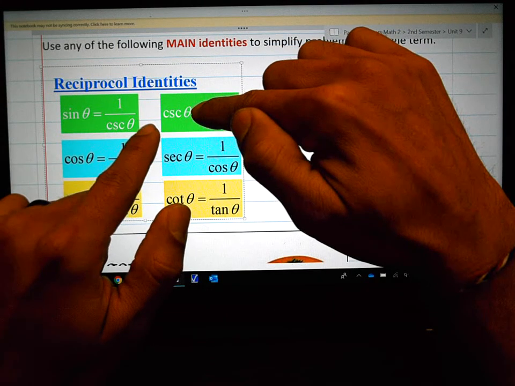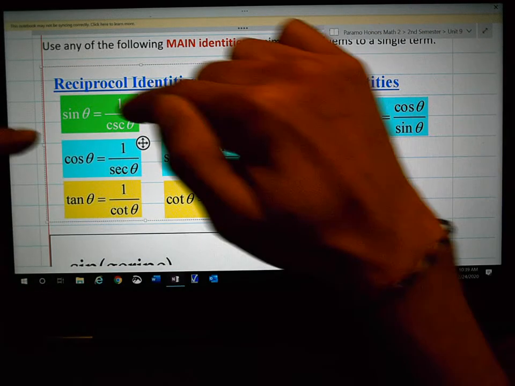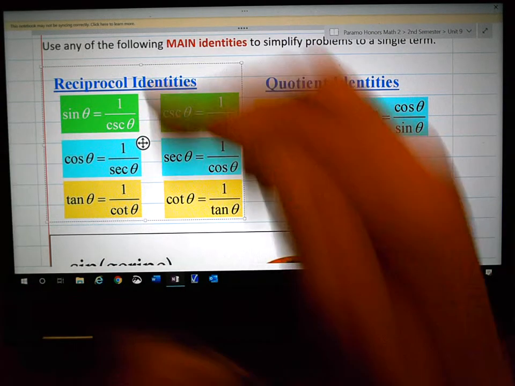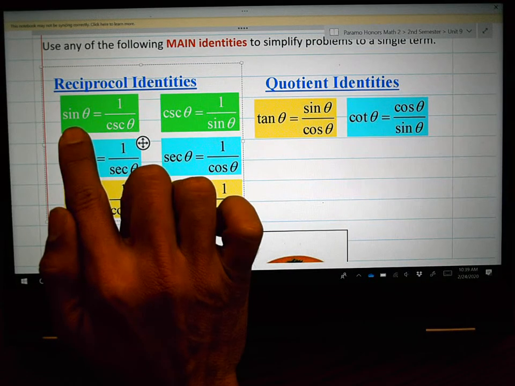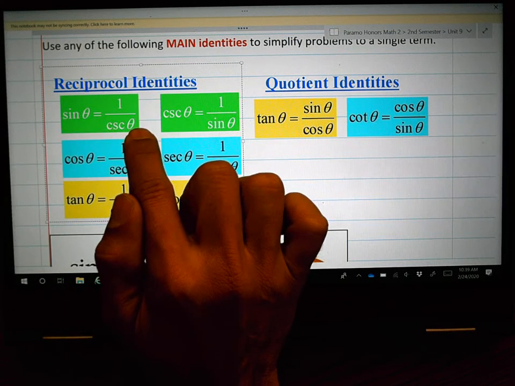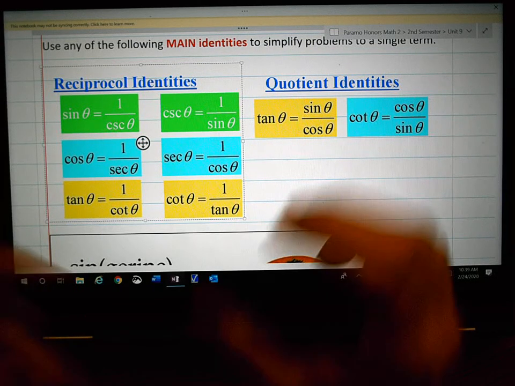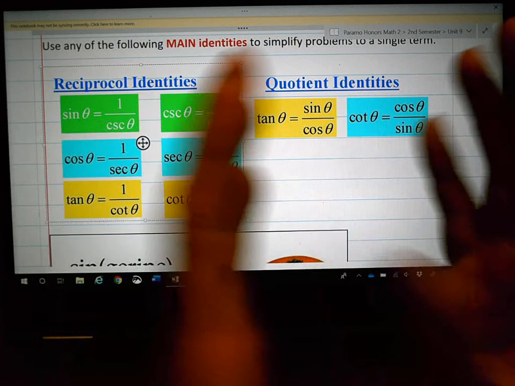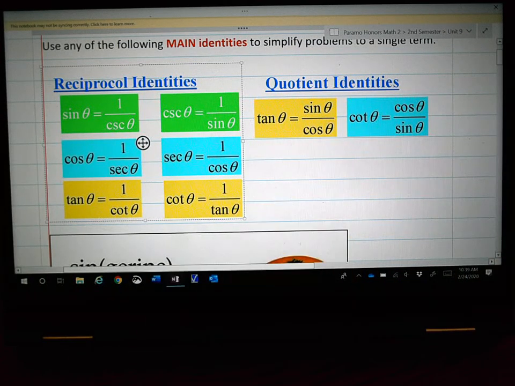The cosecant is equal to the reciprocal of sine, and the sine is equal to the reciprocal of cosecant. In other words, the opposite over hypotenuse here is equal to 1 divided by the hypotenuse over opposite there. That's how it works. You have to know which functions are cousins to each other. You have to know which functions are reciprocal identities to each other.